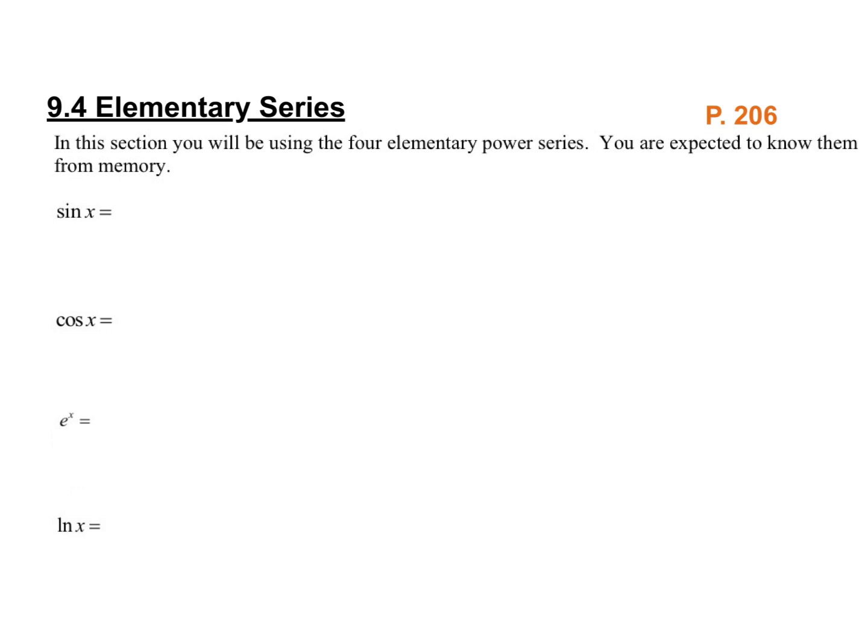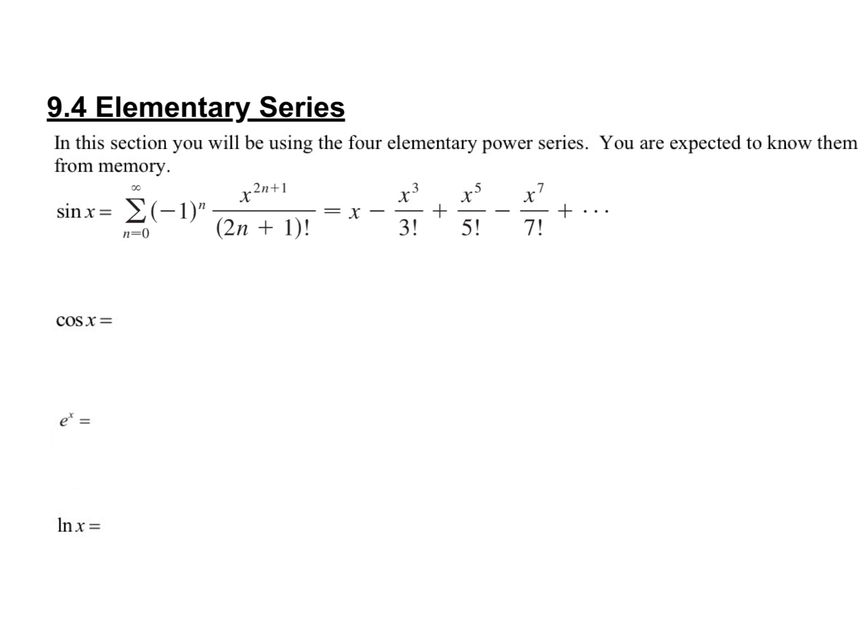We kind of touched on it when I showed you that video, but for the sine of x, the key thing is it starts with the x term. I included the general term too, because the general term seems like it's tripping you up more than anything. This is the odd powers and the odd factorials.